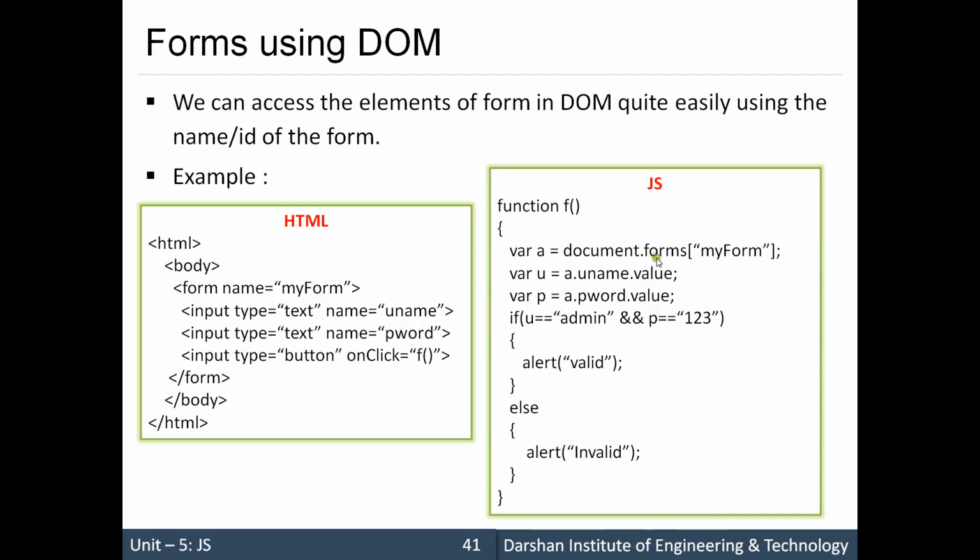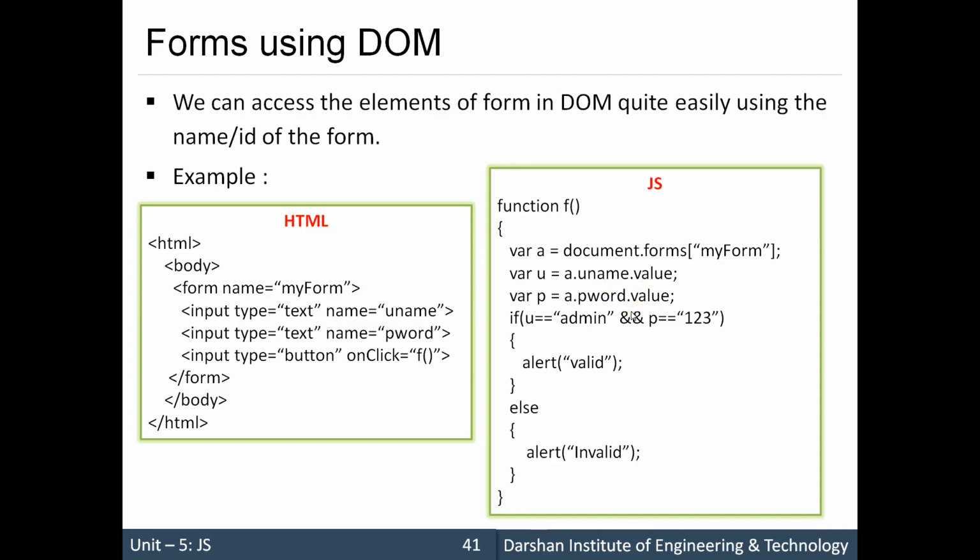That array is forms, and we can specify a name or ID here, and after that we can simply use the names or IDs of the inputs, and we can get the values of those inputs.